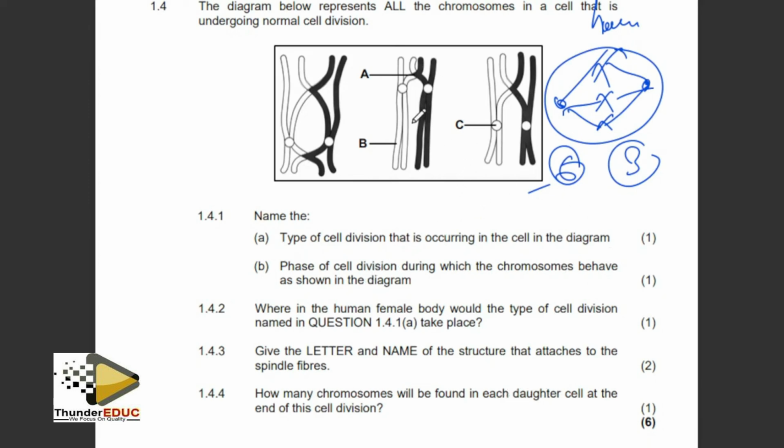How many chromosomes are you seeing here? This is chromosome 1, 2, 3, 4, 5, 6. Because they are still in meiosis 1, at the end of this cell division it will be half the chromosome number, whereby 1, 2, 3, 4, 5, 6. So it means the answer is going to be 3.